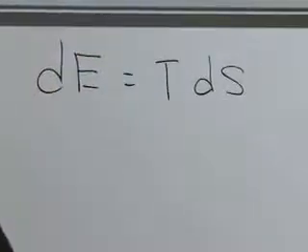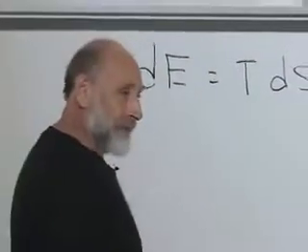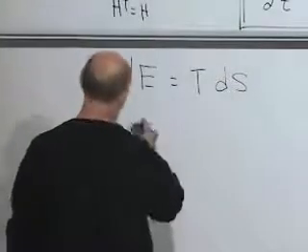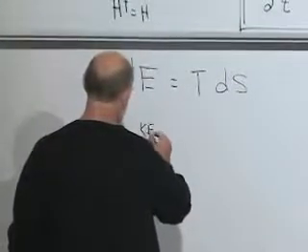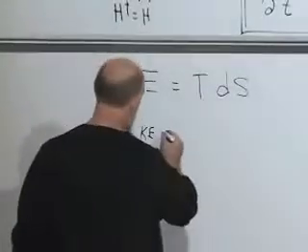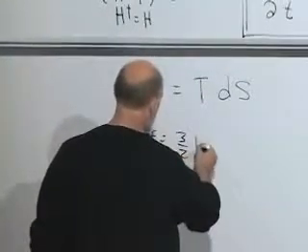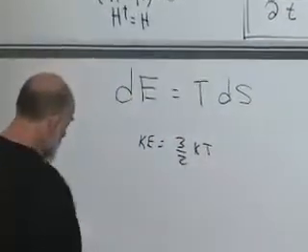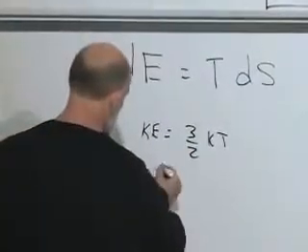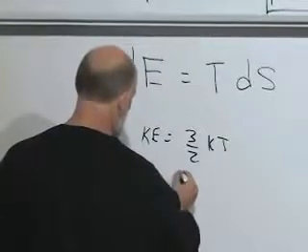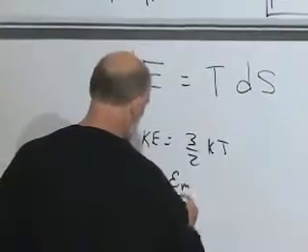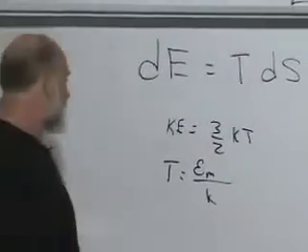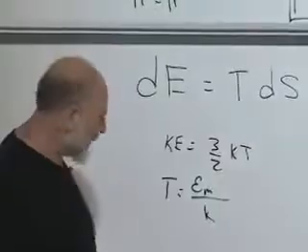Degrees usually, but let's write another equation. The kinetic energy of a particle in a gas is 3/2 kT, where k is Boltzmann's constant. So temperature has units of energy divided by Boltzmann's constant. The units of Boltzmann's constant are energy divided by temperature.